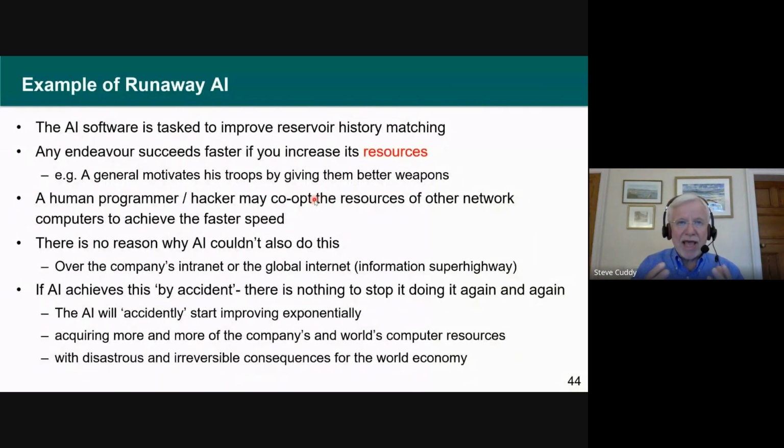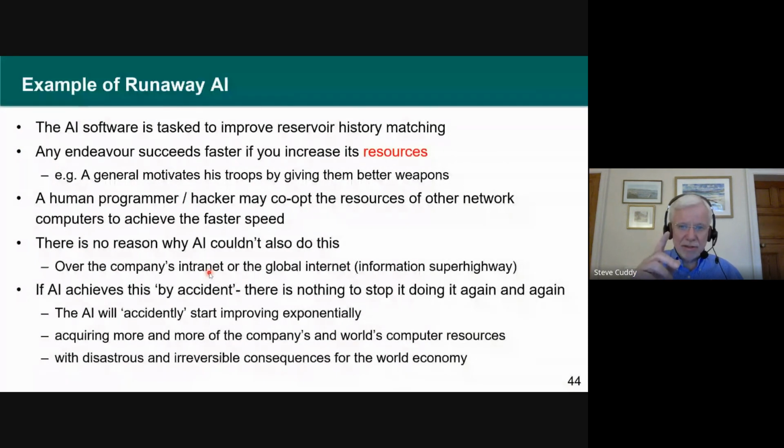So it satisfies the task of doing a faster match, not by changing the code, but by taking the resources from the computer of his colleague next to him in the office. You can imagine that happening. There's no reason why AI can't also do this. It would do this over the company's intranet, or it could do it around the world through the global internet.